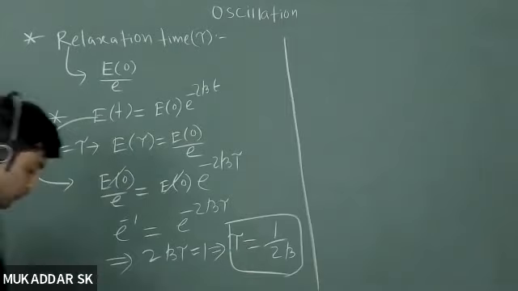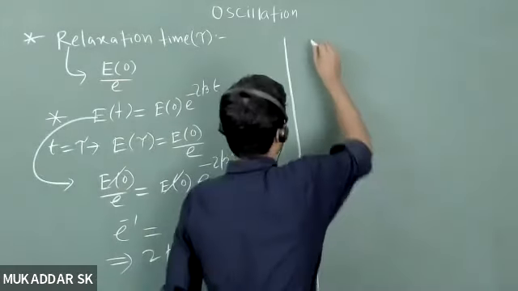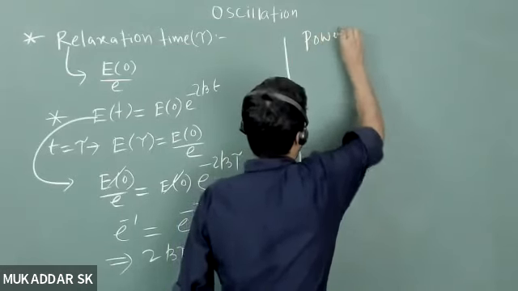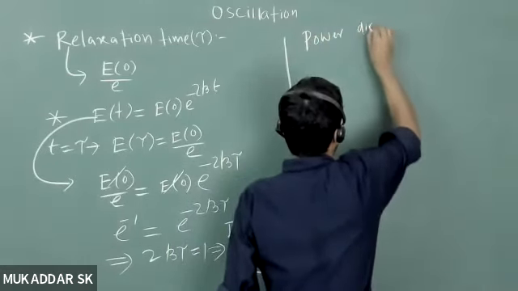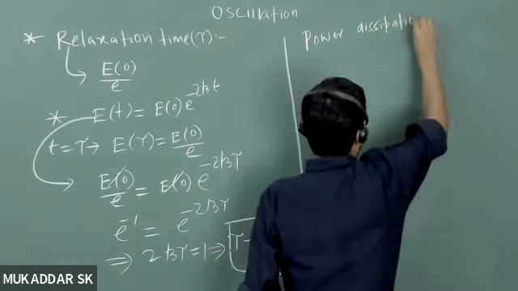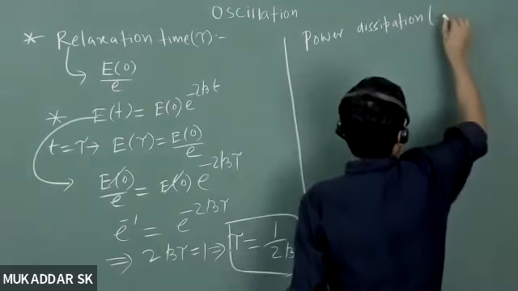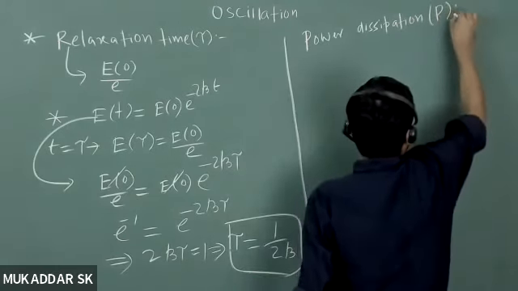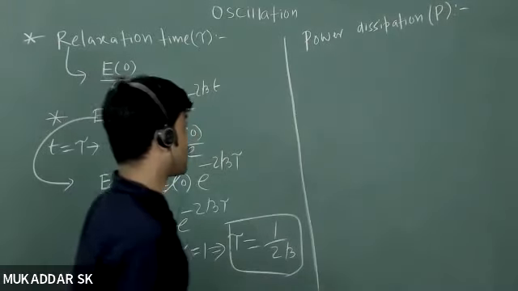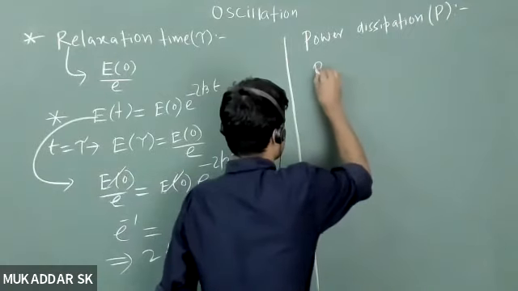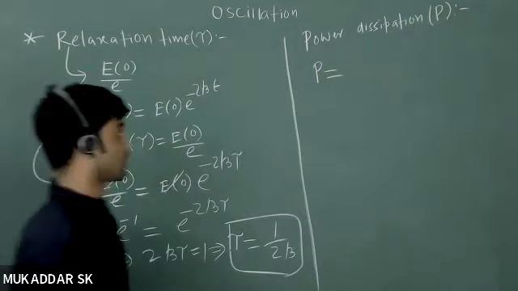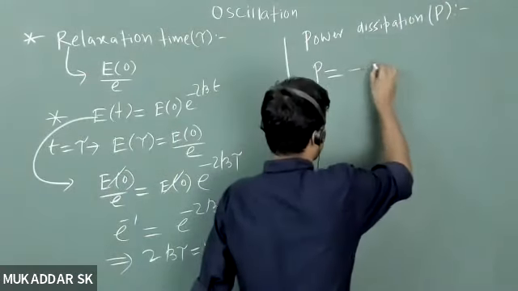Okay, now the next small part, that is power dissipation. It is basically denoted by P. Power dissipation is defined as the rate of energy loss.